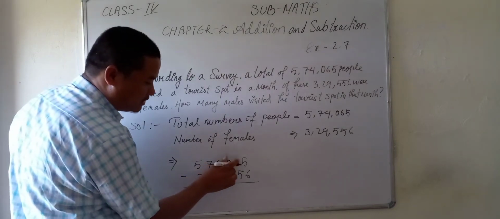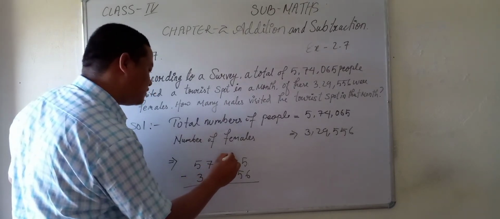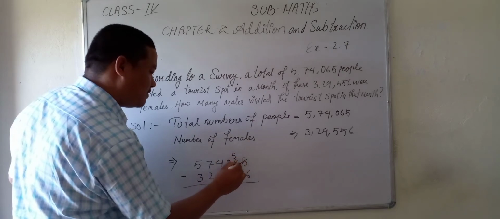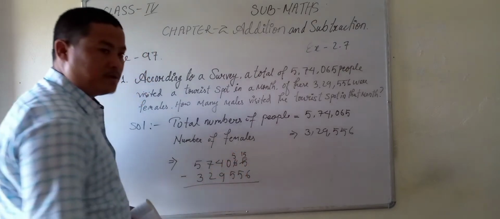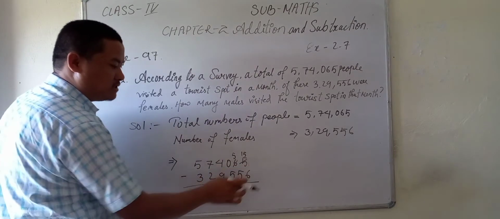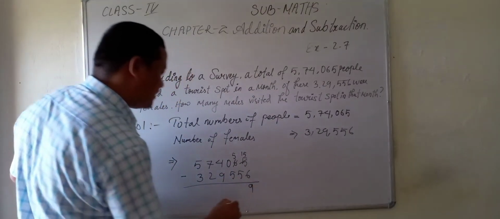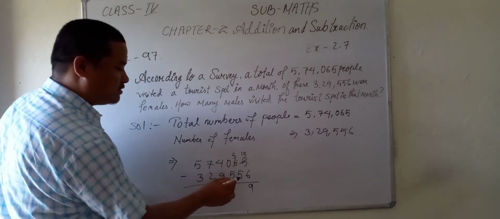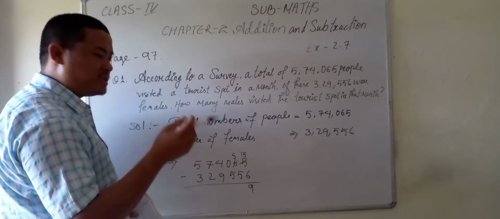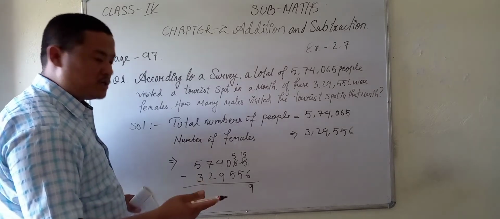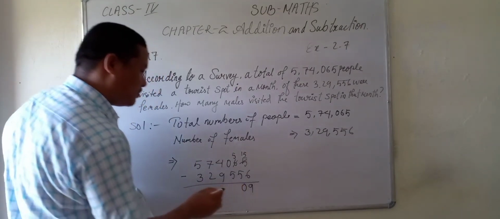When we take 10 from 6, 6 becomes 5 and this 5 becomes 15. Now 15 minus 6. From 15 you just take out 6. It will remain 9. Now 5 minus 5. When the same number is subtracted from each other, we'll get 0.